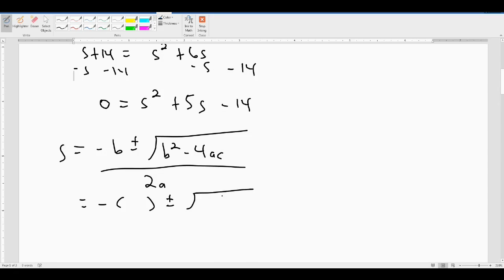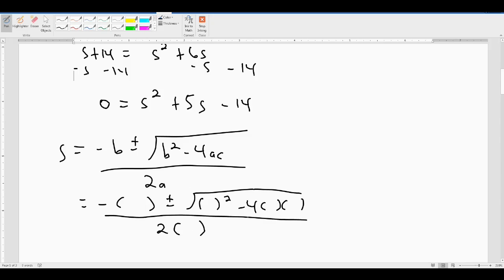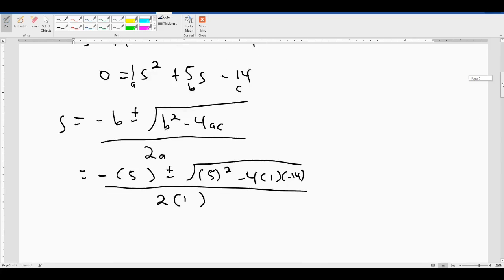I really would just rather graph it, because it's going to be nice numbers I can find really quickly in my calculator. But just to change it up a little bit from previous videos, I'm going to throw in my a, which is 1, b is 5, and c is negative 14.